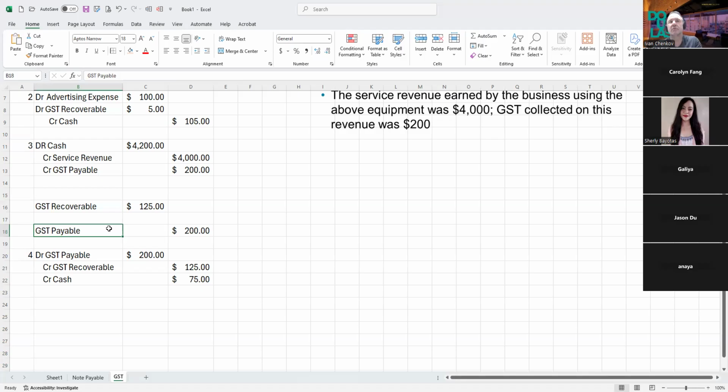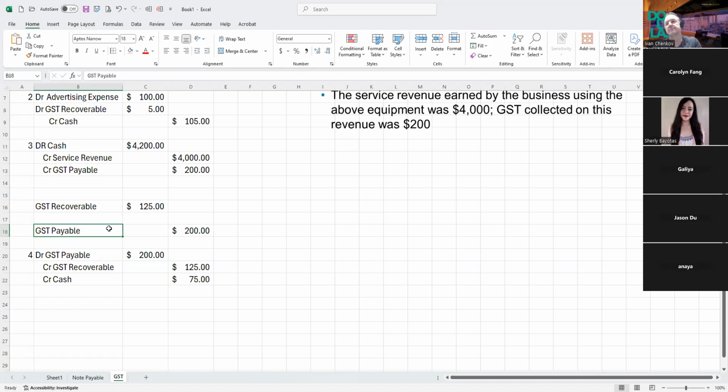No exempt, nothing. On every transaction we're charging GST, collecting GST and paying GST. Is it possible for a profitable business to come up with the GST recoverable, or to ask the GST back from the government?